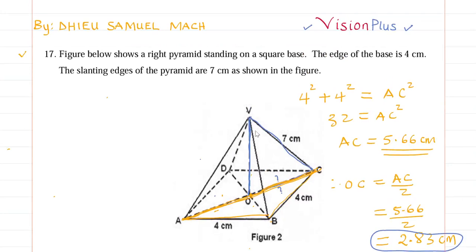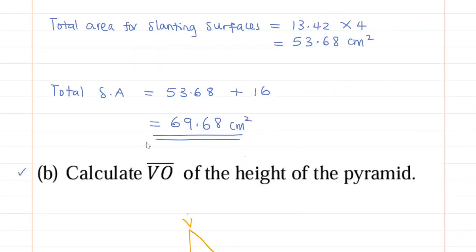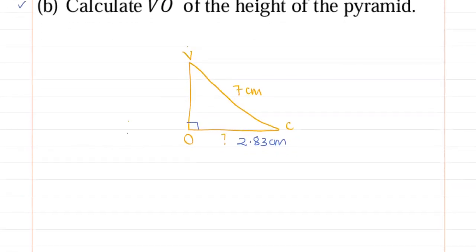So we can now apply Pythagoras theorem. From here, this is our height VO, which is what we are looking for. Let me call it X. By Pythagoras theorem, which you are familiar with, if I square X, then plus I square 2.83, it should give me 7 squared.